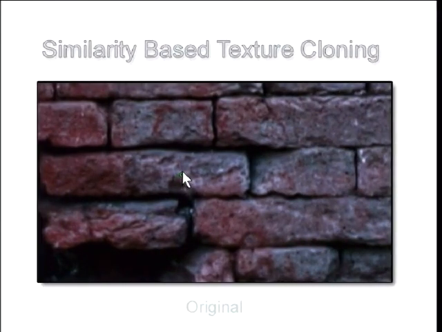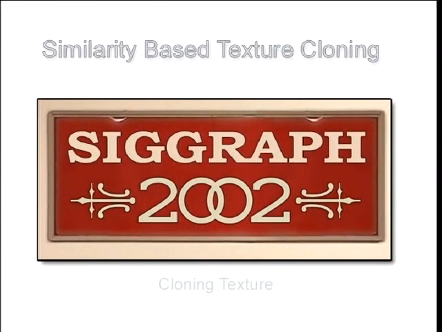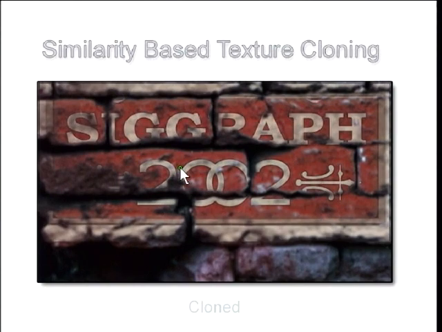It is of course possible to clone more structured images onto a texture using the self-similarity tool. Here we see an effective example of cloning a familiar sign onto a brick wall.